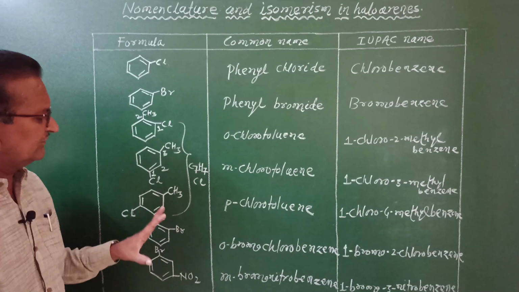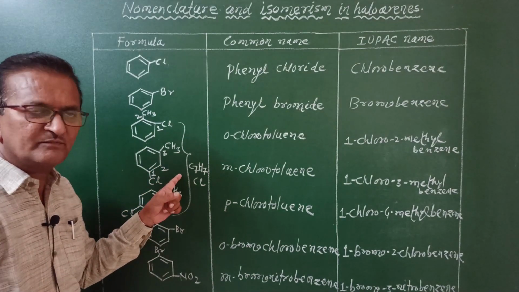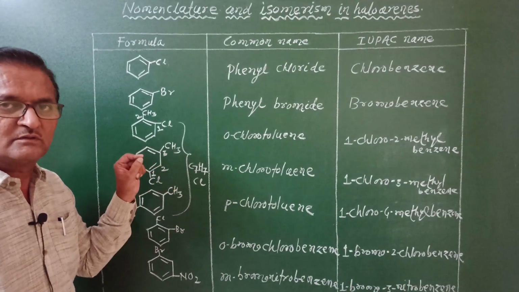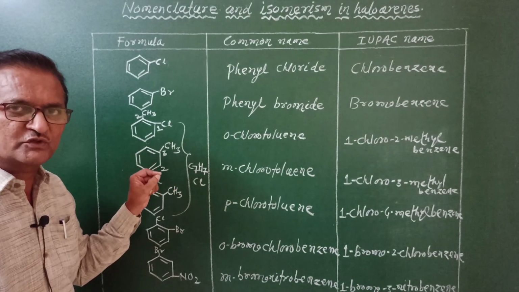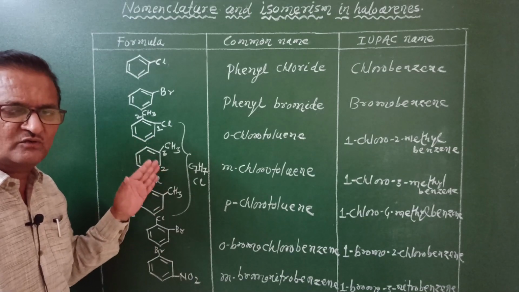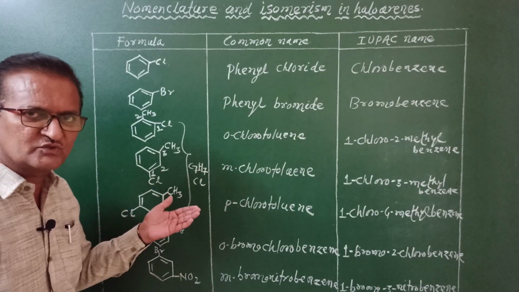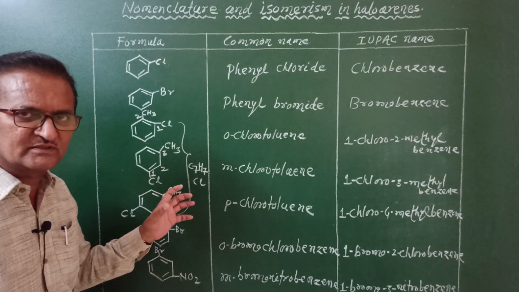But their structures are different. Why do they differ from each other? Because they differ in the position of substituents on the benzene ring. That's why they are called position isomers of each other, and the phenomenon is known as position isomerism.